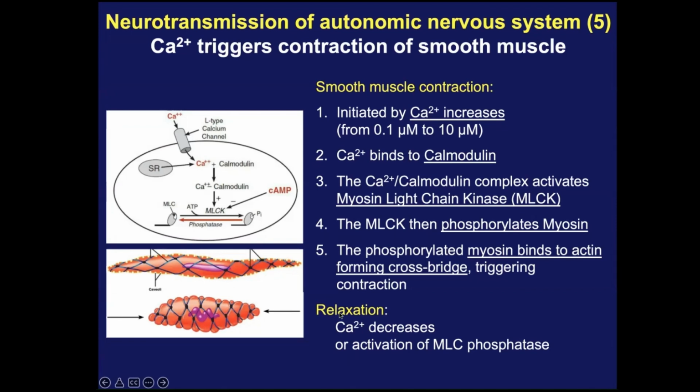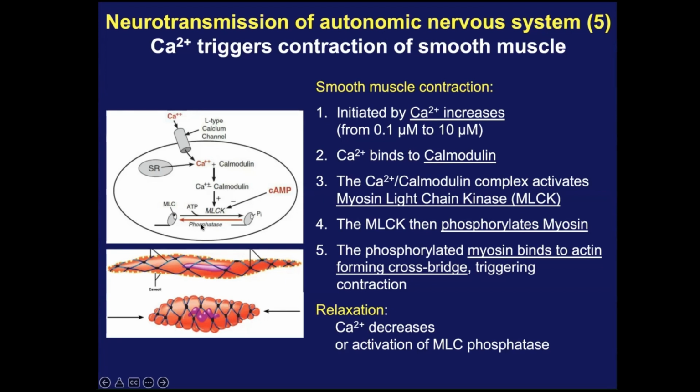Another mechanism for the relaxation of the cell is the activation of the myosin light chain phosphatase, as shown here, the red arrow. Phosphatase is an enzyme that removes the phosphate from the substrate.